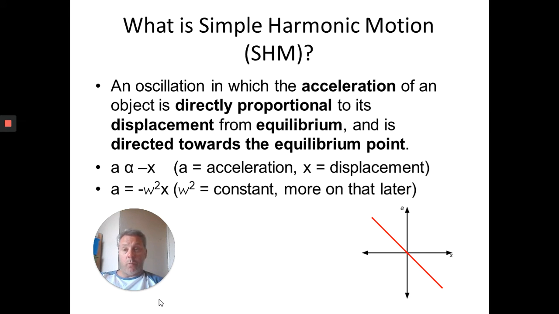So, we're going to look at what is simple harmonic motion. Well, it's an oscillation where the acceleration of the object is directly proportional to its displacement from equilibrium, and is directed towards that equilibrium point at all times. So when we've got a harmonic oscillator, like a pendulum, if it's displaced to the left, its acceleration will be towards the right.